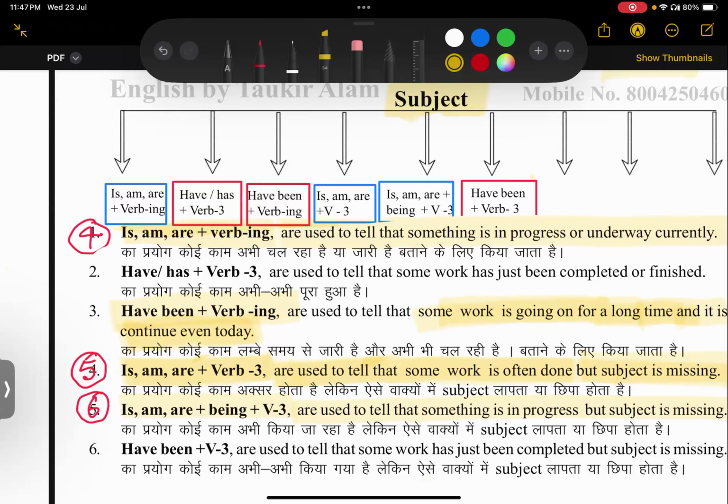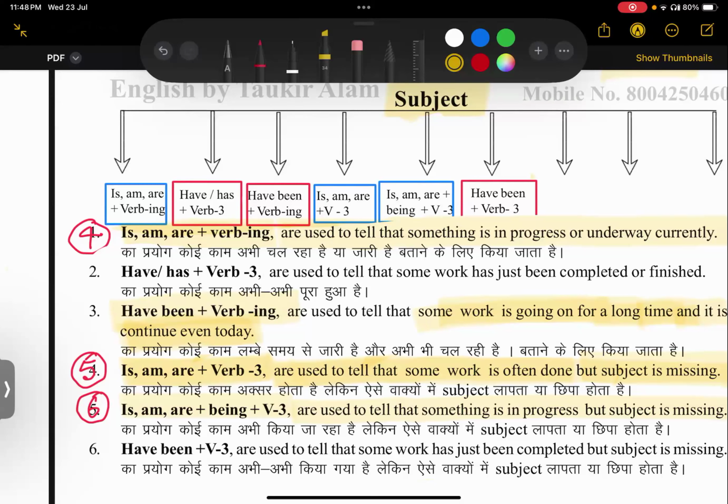So how will you express your feelings? You will say, I have been, you have been, they have been, he has been, she has been. If your subject is plural, you will use have. If your subject is singular, you will use has. And with I, you will use have.